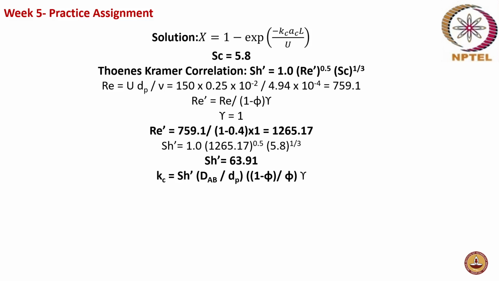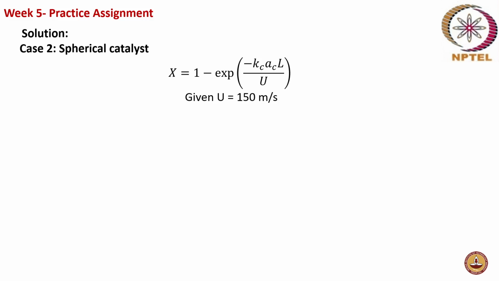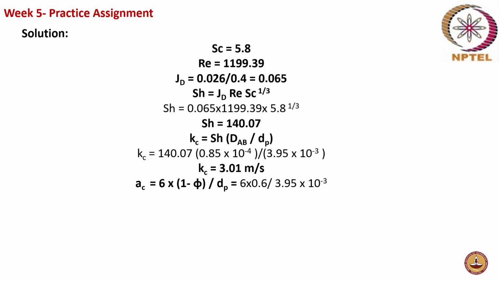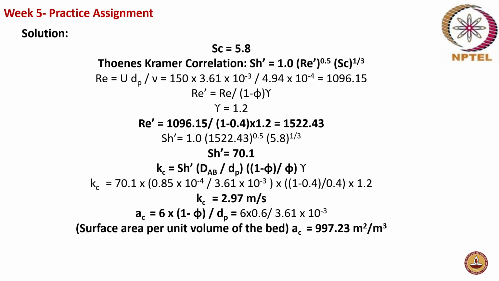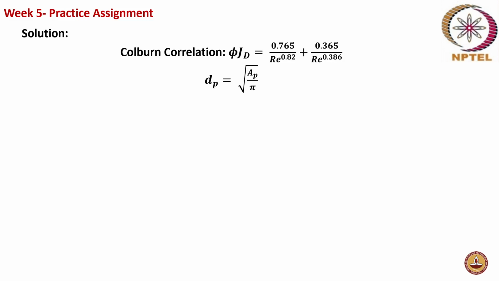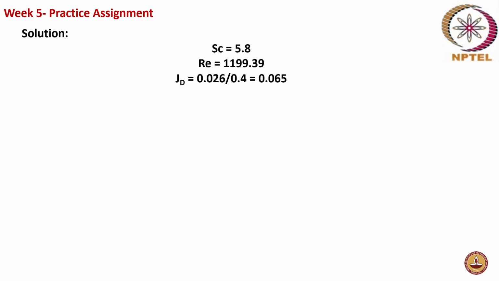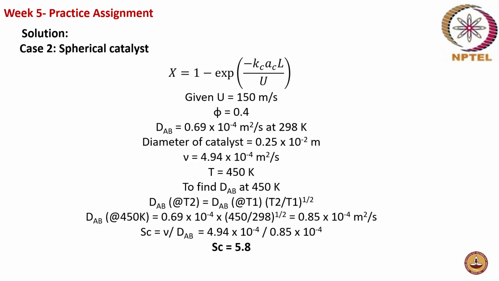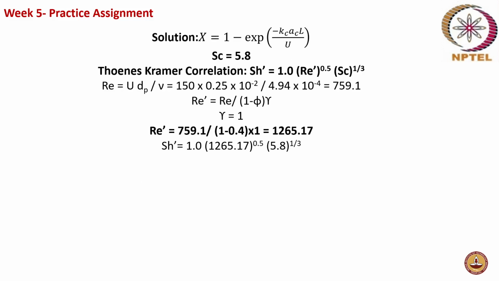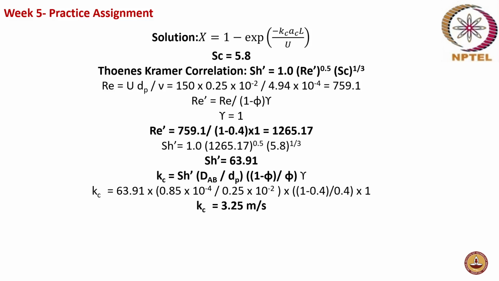If we just observe, in the cylindrical pellet, the mass transfer coefficient was 2.97 meter per second for the Thoenes-Kramers correlation, whereas for the spherical pellet it is 3.25 meter per second.